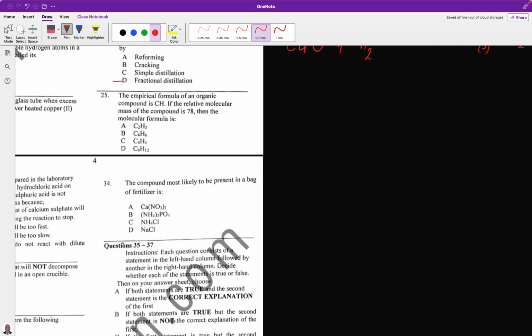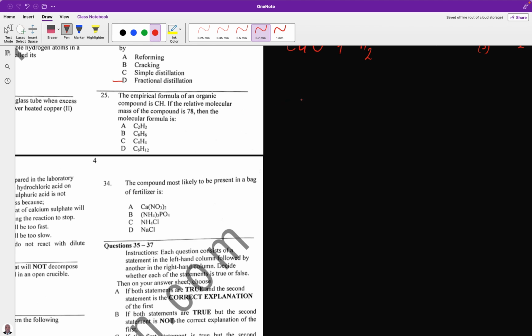Question number 25. The empirical formula of an organic compound is CH. If the relative molecular mass of the compound is 78, then the molecular formula is? We have been given the relative molecular mass and the empirical formula.